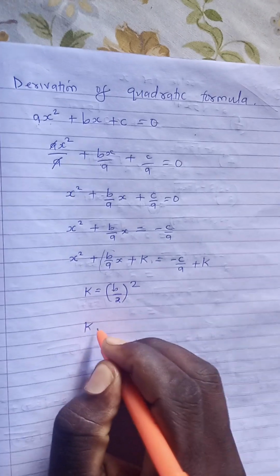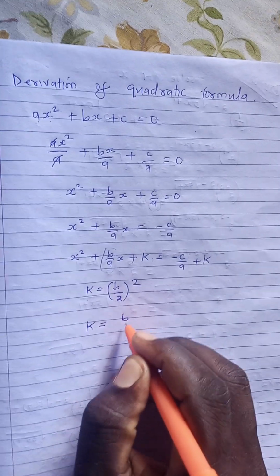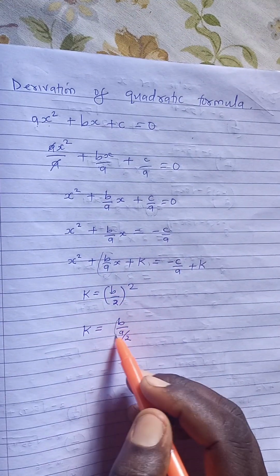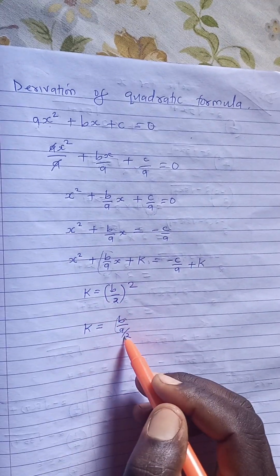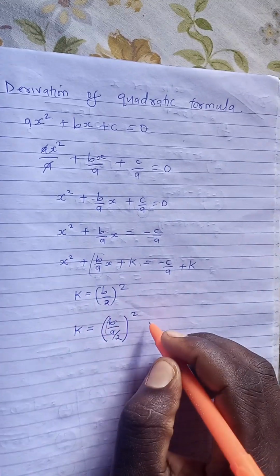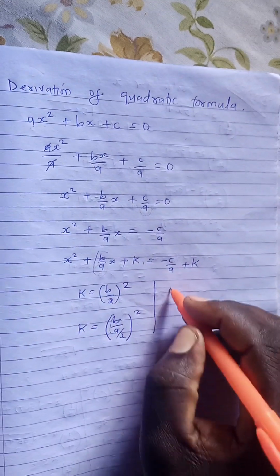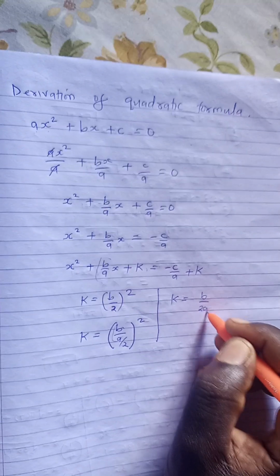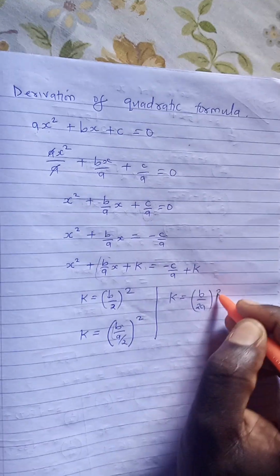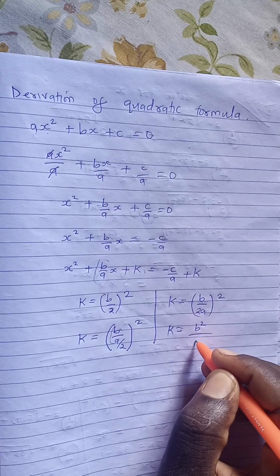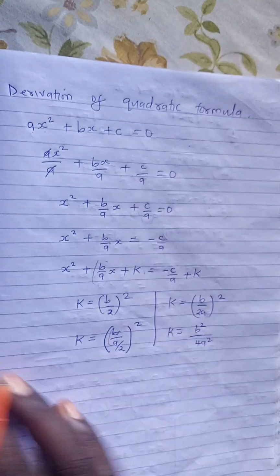So k becomes b over a divided by 2. Because this is b, then this 2, I have written it here, then I square it. So I will have my k as b over 2a squared. So this k is b squared over 4a squared.